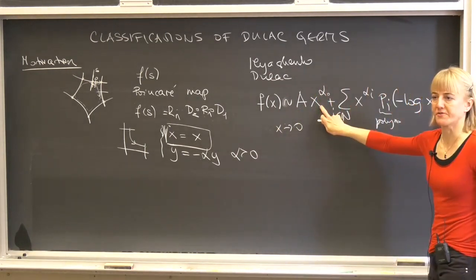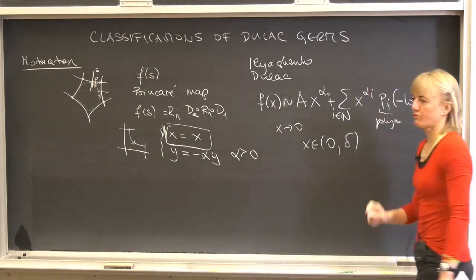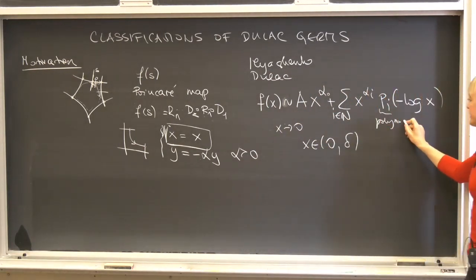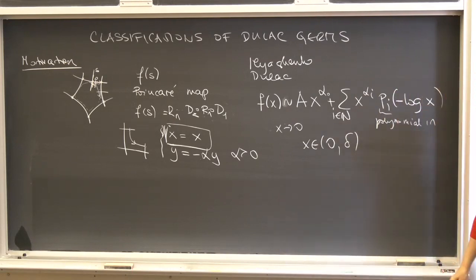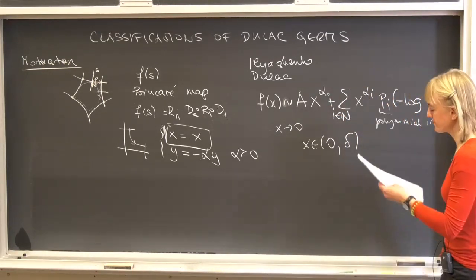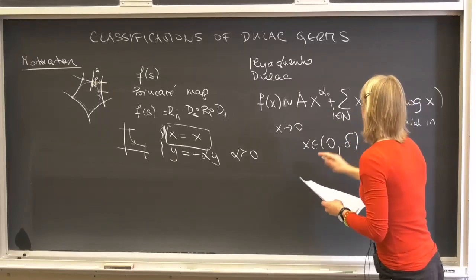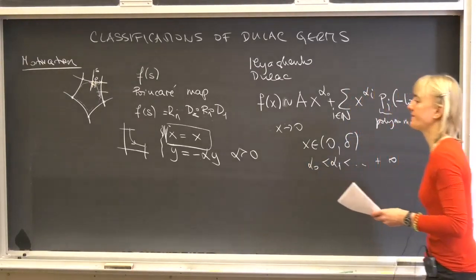It's not a convergent series, and it is defined on some small neighborhood of 0. This is a polynomial in minus log x. It's not a transseries really, it's an expansion series. These alphas are strictly increasing and tending to plus infinity.